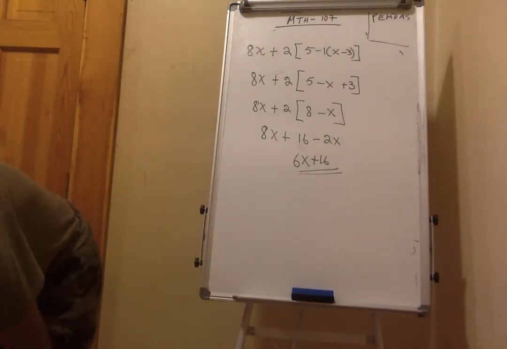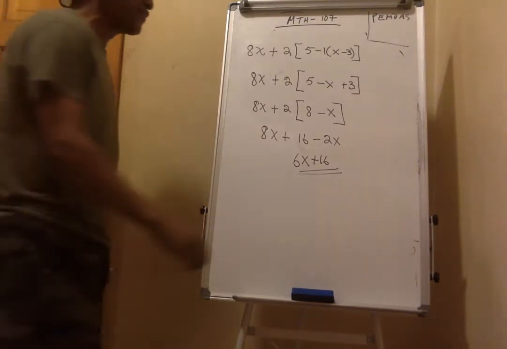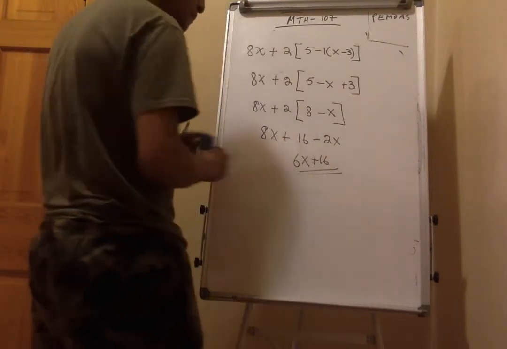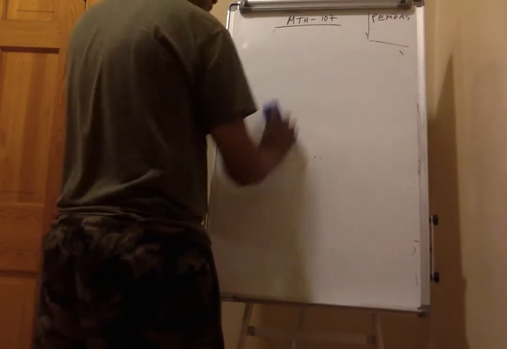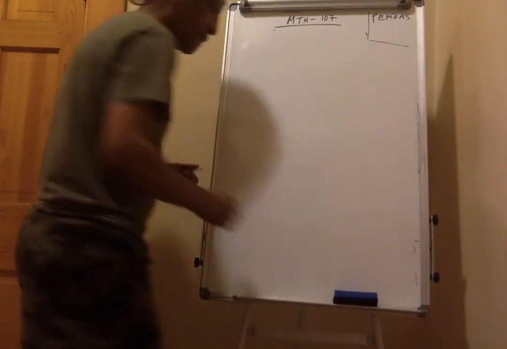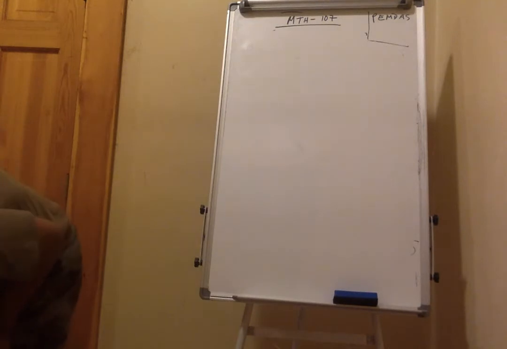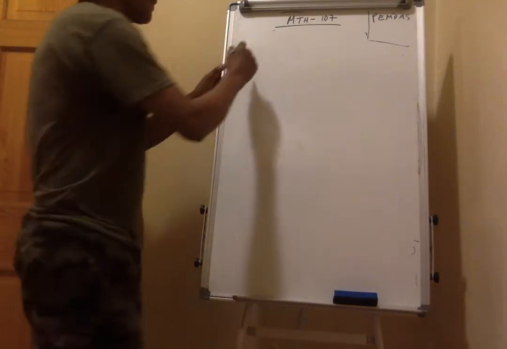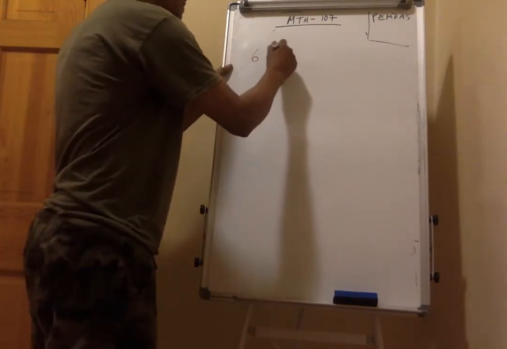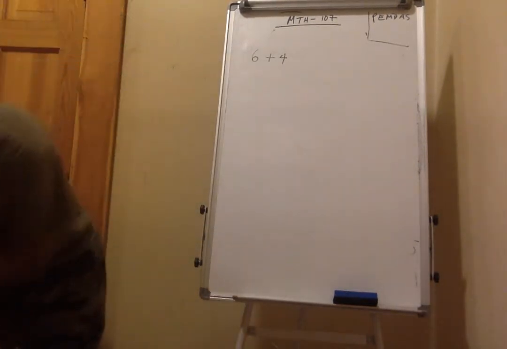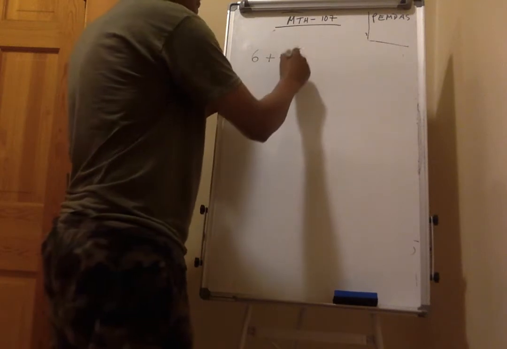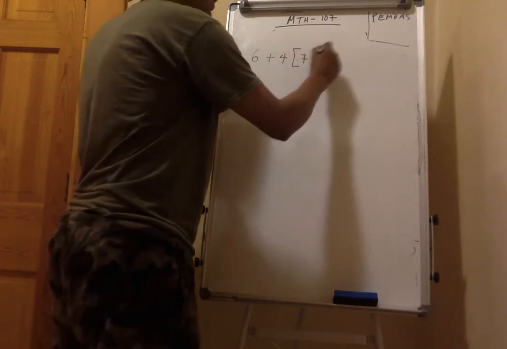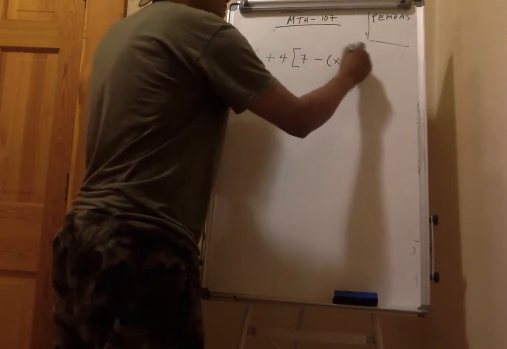Okay. I think we can do one more of this. So, let me do this. 6 plus 4, and I have 7 minus x minus 2.